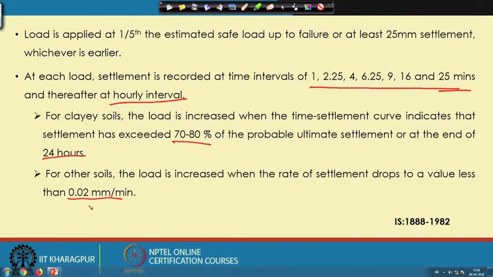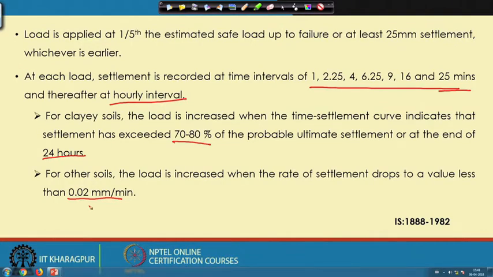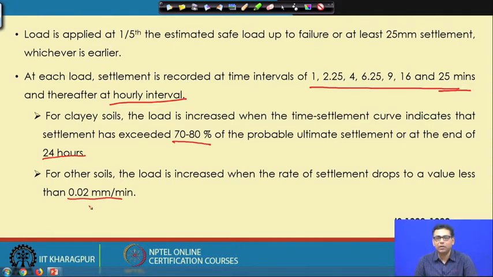So, if your test reaches more than 70 to 80% of that probable ultimate settlement, or after 24 hours, whichever is earlier, you have to apply the next increment of load. And again, for the next increment of load, you have to calculate the probable maximum settlement, and then you have to see whether it exceeds 70 or 80% of that. If it exceeds that, then you apply the next increment.